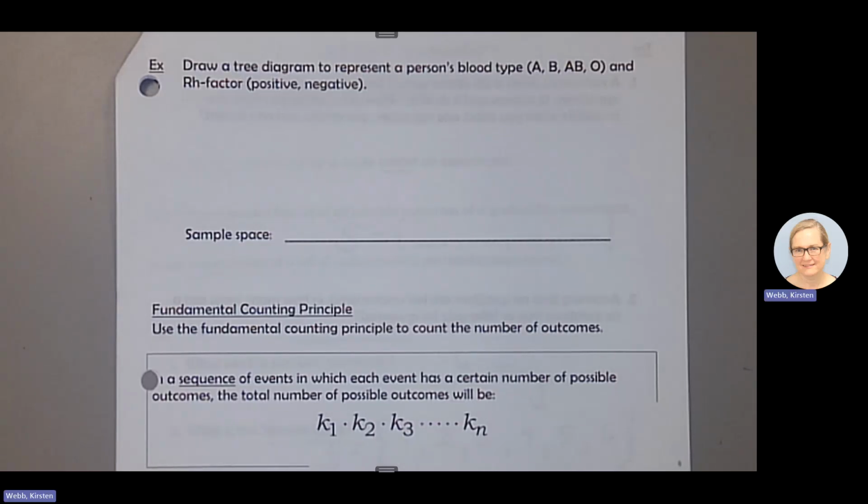Tree starts from a root, right? We break this down into parts. How many parts, different parts would you say there are?